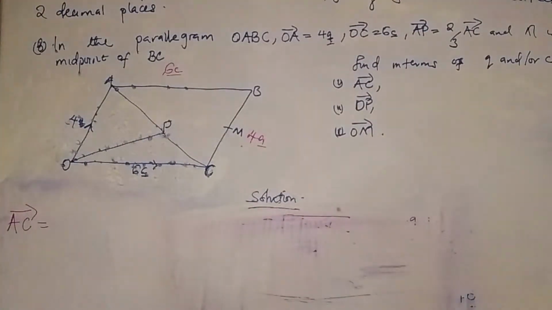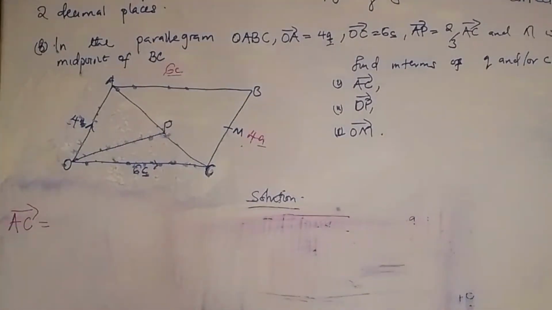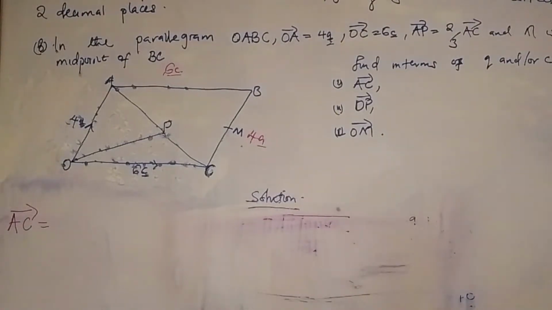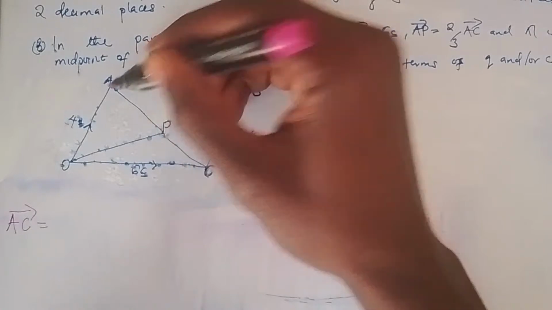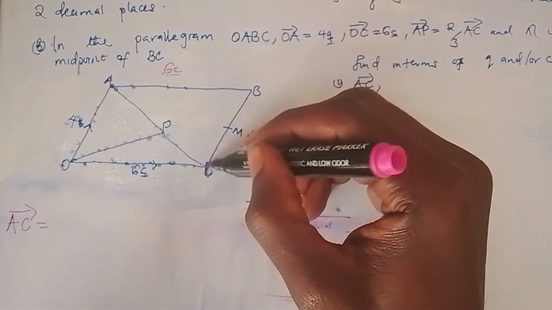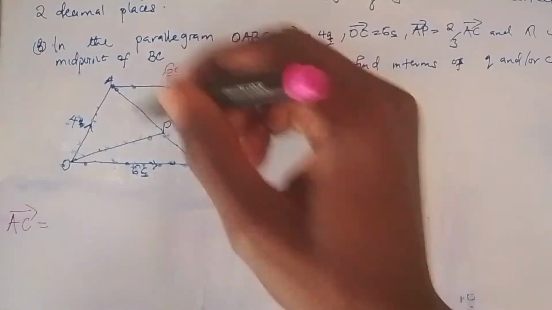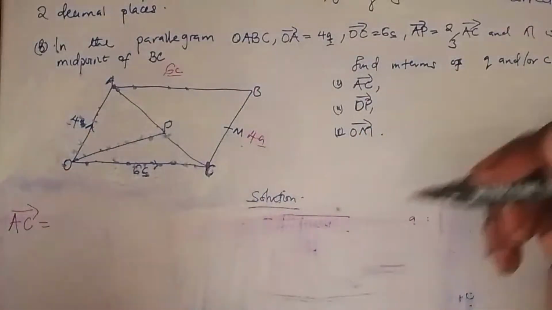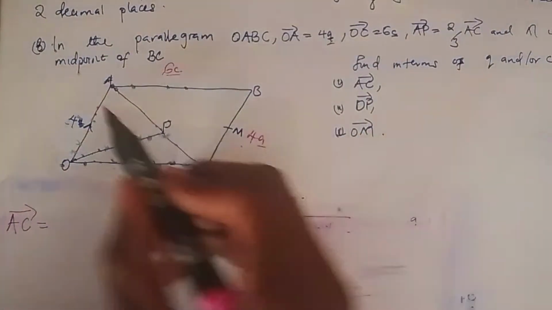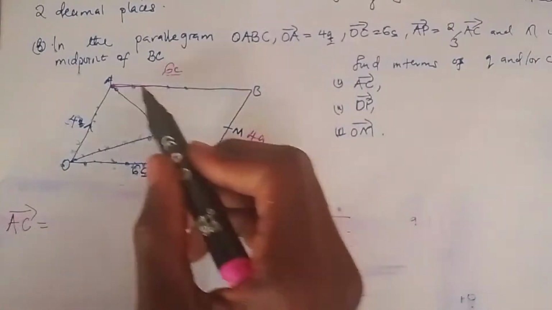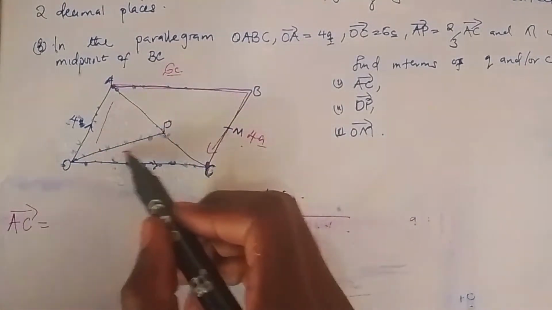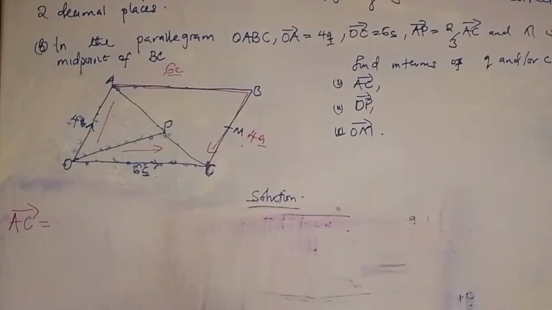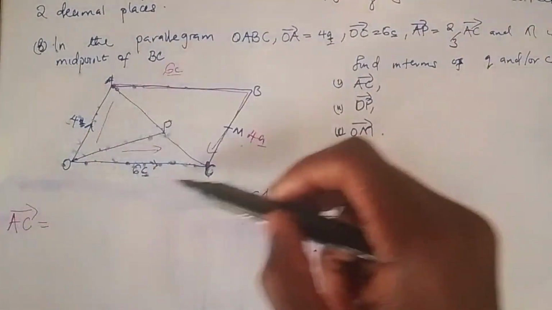So in short, they are asking us, which way can we use apart from this direct one from A to C? Which other route can we use? So the other route we can use is either this one or this one. But since this one has what?